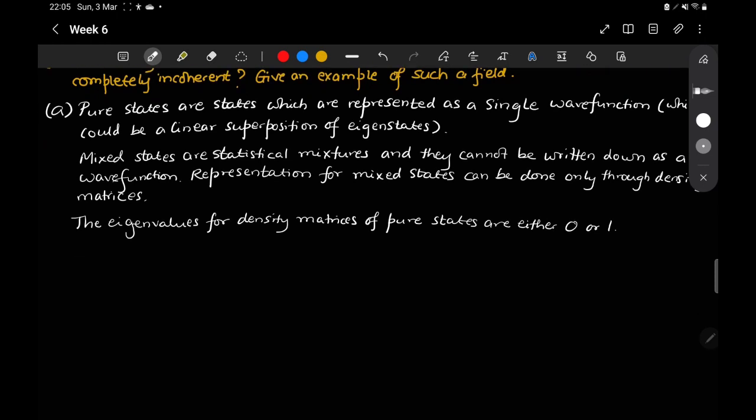And eigenvalues for density matrices for pure states are either 0 or 1.